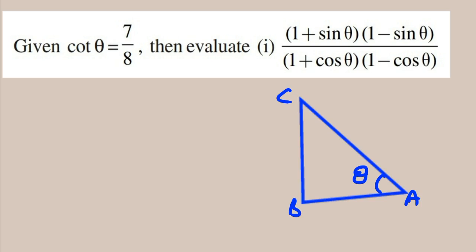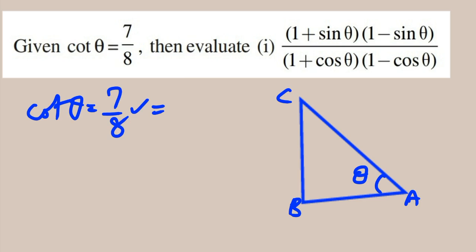This is the diagram, and here cot theta value is given, that is cot theta is equal to 7 by 8, and I told you this is the ratio, 7 by 8. Generally tan theta is opposite side by adjacent side.